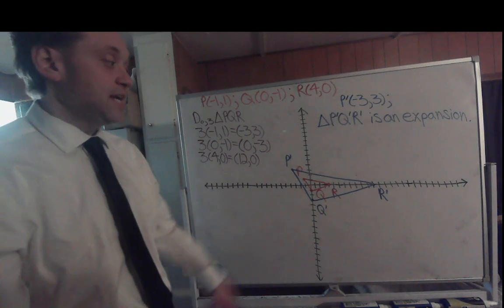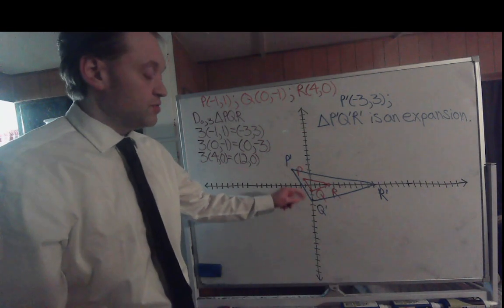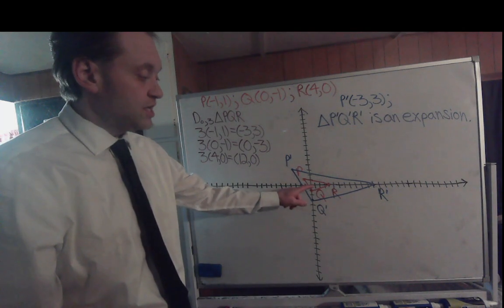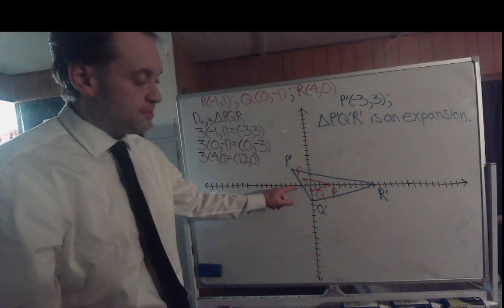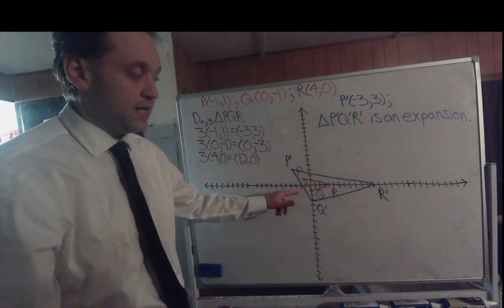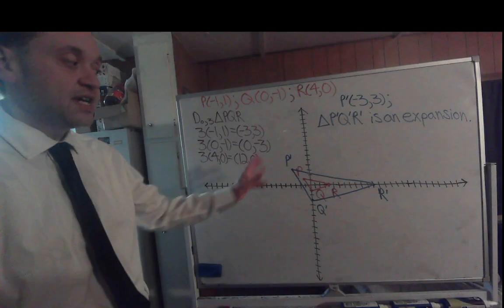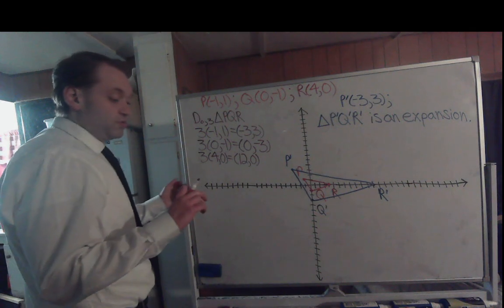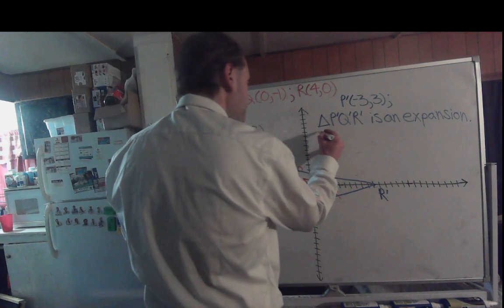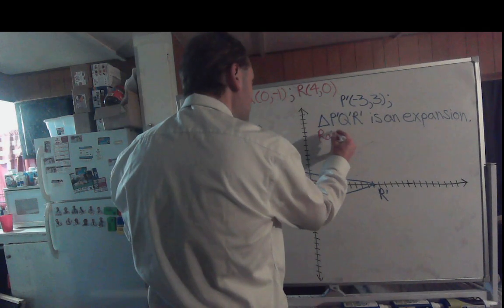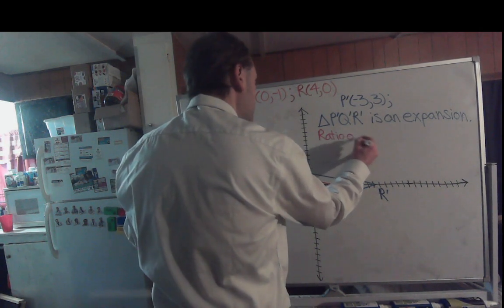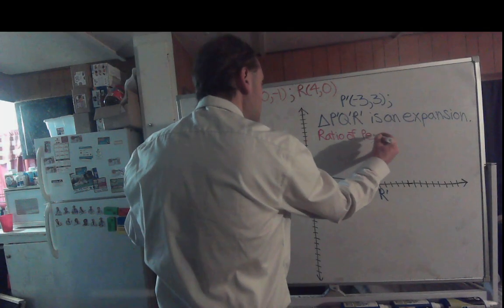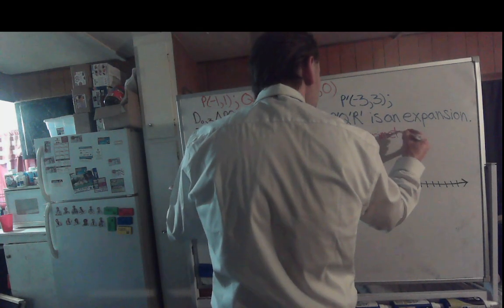So that means each side, the ratio of PQ to P prime Q prime, would be 1 to 3 for each of these, right? Since you have a scale factor of 3. So the ratio of perimeters, right?